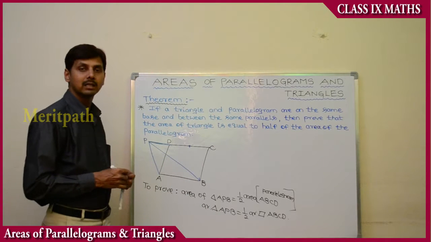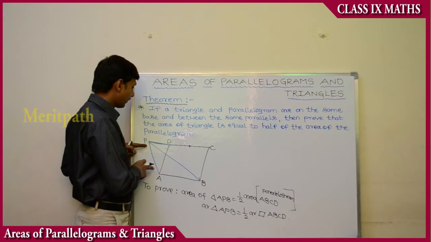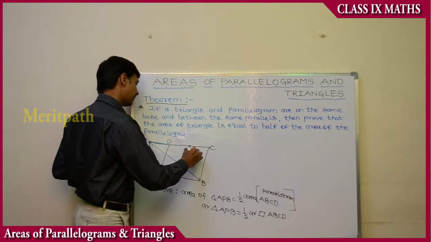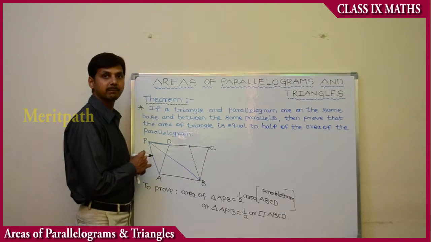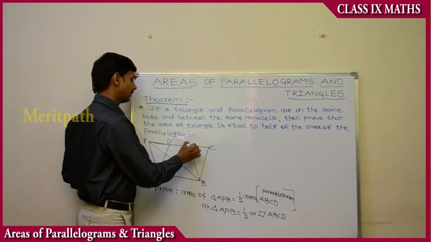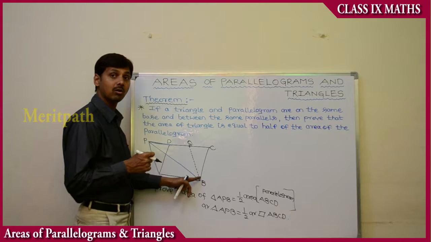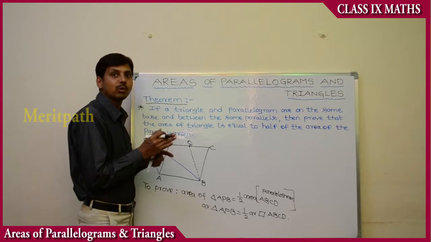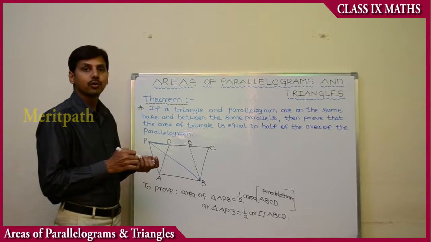So to prove that, let's draw a parallel line to AB. Parallel to AB, we have drawn one line, that is QB or BQ. AB and BQ are parallel to each other.